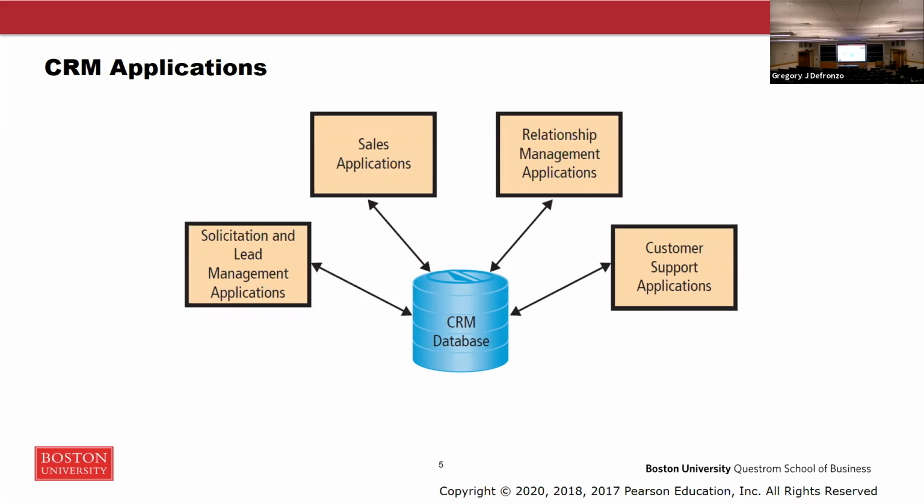So I use the term applications and modules many times in this class, and they actually mean one and the same, okay? So when we're talking about an enterprise resource planning system, it's made up of many different functional area software, like finance, like HR, like sourcing.